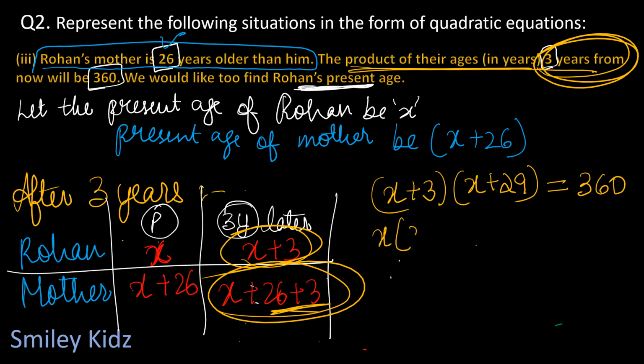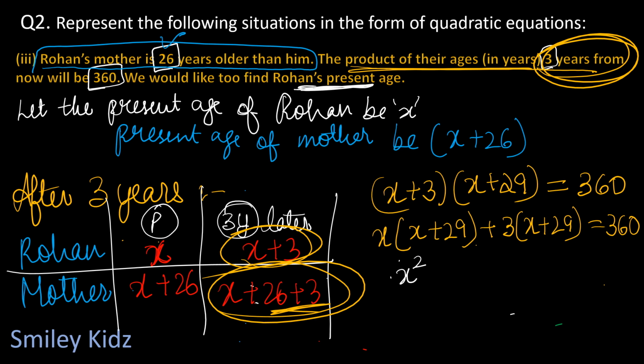This is x into x plus 29 plus 3 into x plus 29, giving you 360. When you solve this further, you get x square plus 29x plus 3x plus 87, since 29 times 3 is 87, equal to 360.